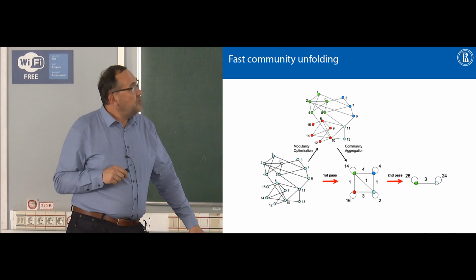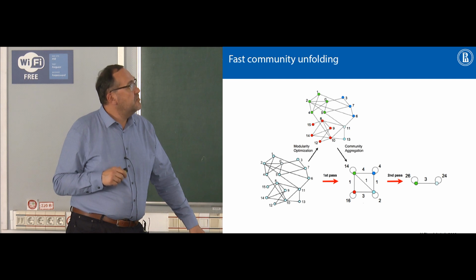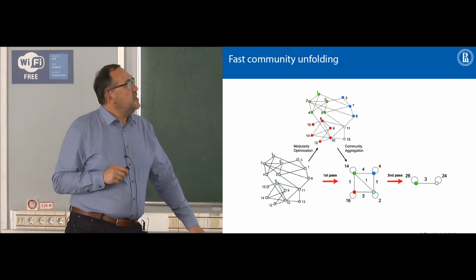After I go through this for this particular graph, only 4 types of clusters remain. These guys merge into one, these guys, and these guys. Then I say, okay, this is one cluster, this is another cluster, this is another, this is another community.